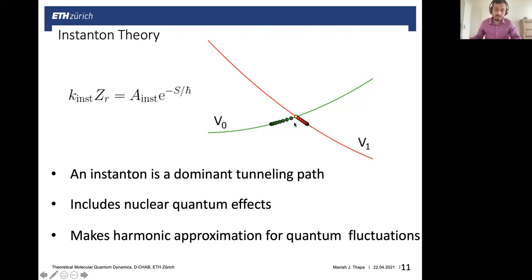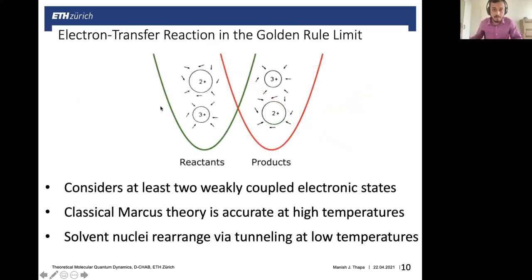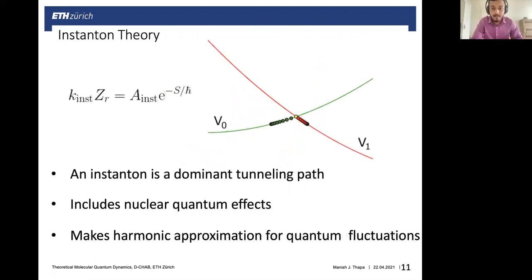As I told you, there are two electronic states, V0 and V1, and each of these electronic states has an associated potential energy surface. Depending on whether the electron jumped or not, you get these potential energy surfaces, and each has its minimum. These potential energy surfaces intersect at the diabatic crossing, and again you get something like a barrier, just like in an adiabatic reaction, with an Eckart barrier or a rectangular barrier.